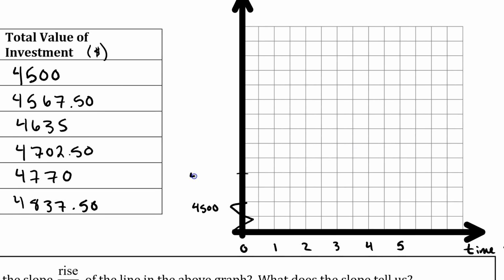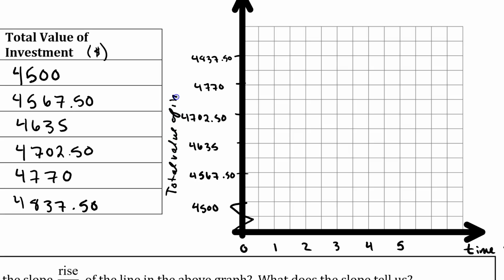So 4,567.50. This one is going to be 4,635. This one is going to be 4,702.50. And this one is going to be 4,770. Last but not least, 4,837.50. I don't want to forget to label this, so I'm going to say total value of the investment in dollars.